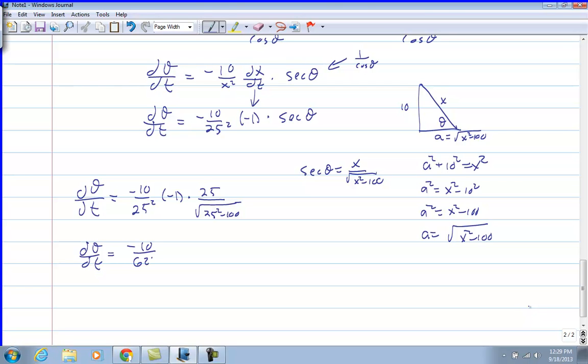I can cancel those negatives, negative 1 times that is positive, times 25 over the square root of 625 minus 100. And I can reduce this: the 25 up on top and the 625 makes it 25 down below. So d theta dt is going to be 10 over 25 times 1 over the square root of 525.